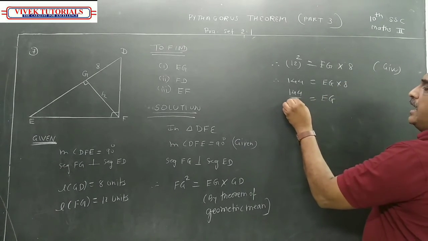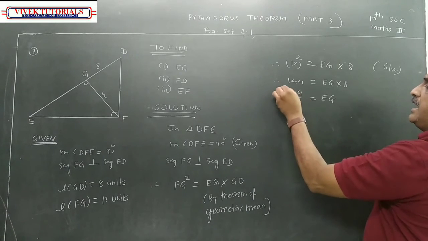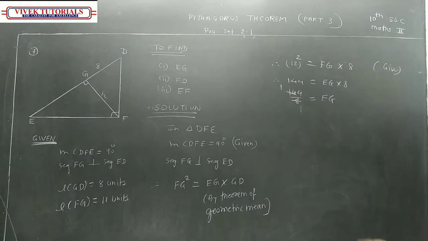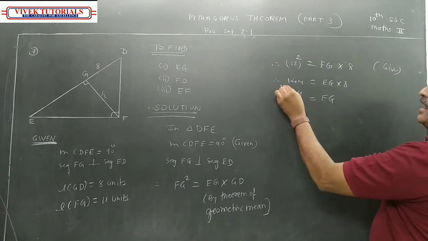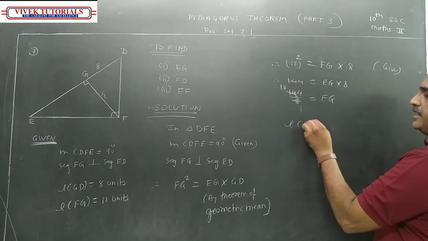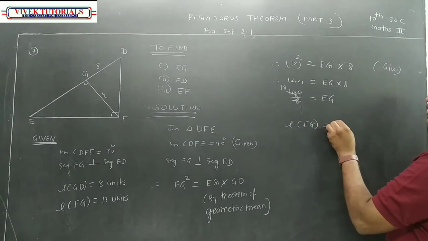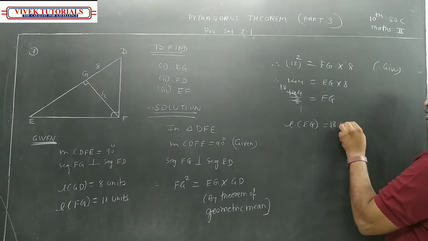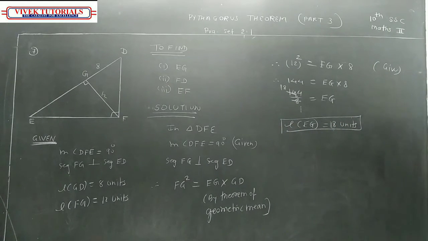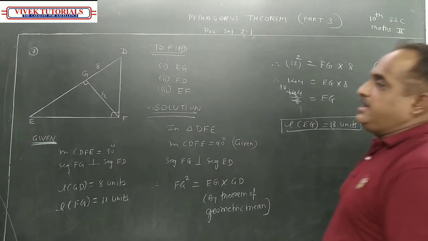So 8 ones are 8, 8 ones are 8. So 6 is left, 8 8s are 64. So length EG is equal to 18 units. Okay? Once you got this, it is 18 units.